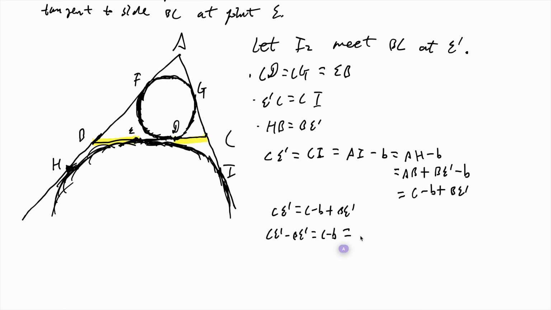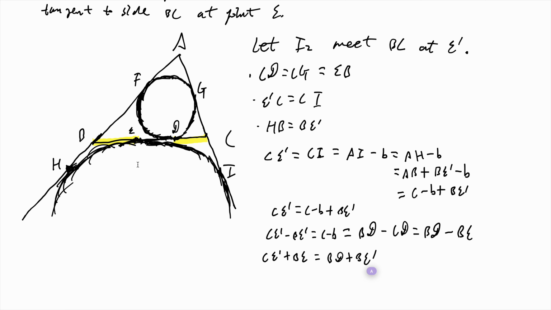So BF or BD minus CD, which is equal to BD minus BE. So we have CE prime plus BE is equal to BD plus BE prime. So CE prime plus BE is equal to BD plus BE prime?